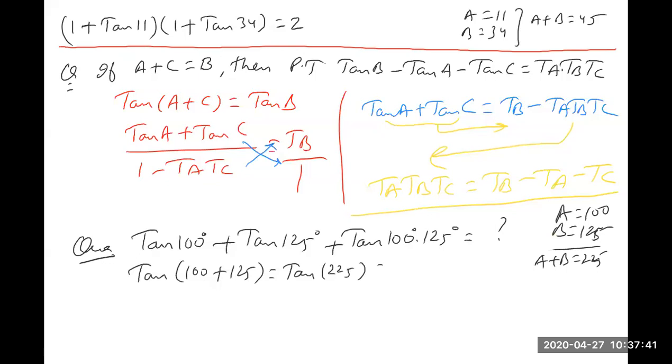And tan 225 is 180 plus 45, third quadrant, tan is positive. So now tan A plus tan B upon 1 minus tan A tan B is equal to 1. You will get the answer directly from here.